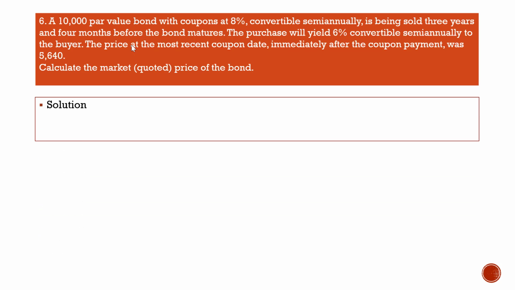So the quoted price is the actual bond price minus k times the coupon. Here the last bond price was $5,640, times (1 plus i) to the k. k here 2/6.